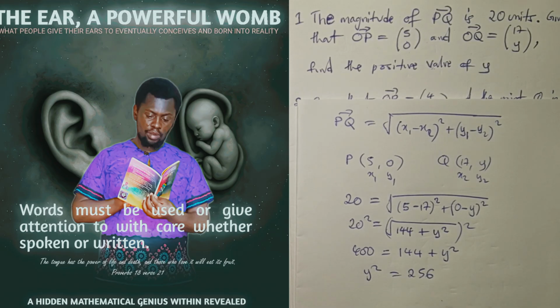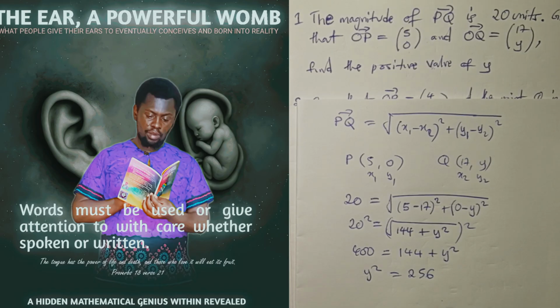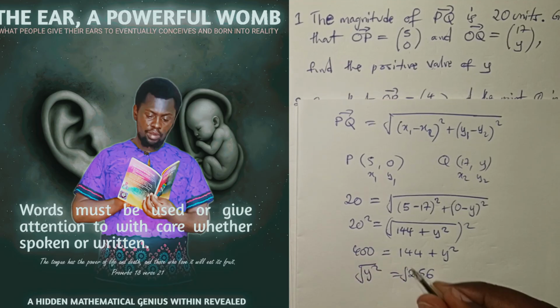Okay, now we are not solving for y squared, but we are solving for y. So to get y, to cancel out the squared, we introduce square root. So we are going to square root both sides. So square root and squared will cancel out.